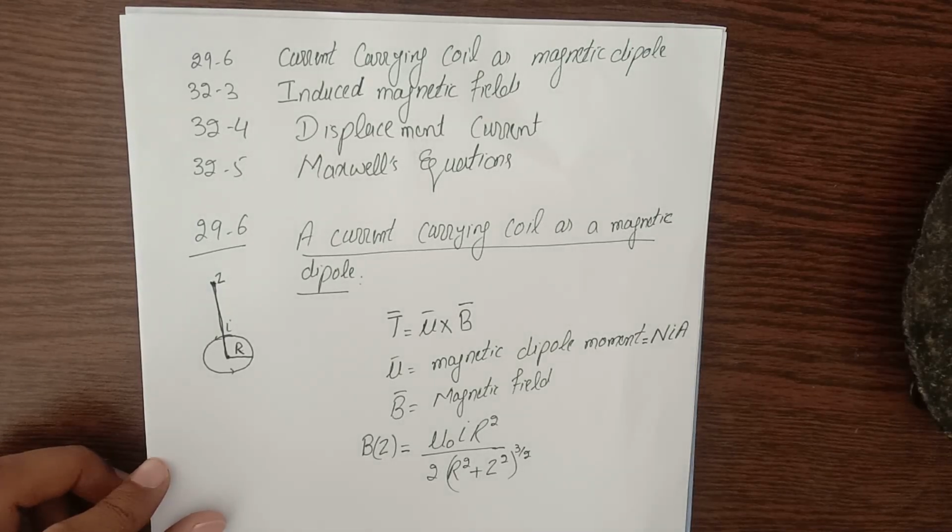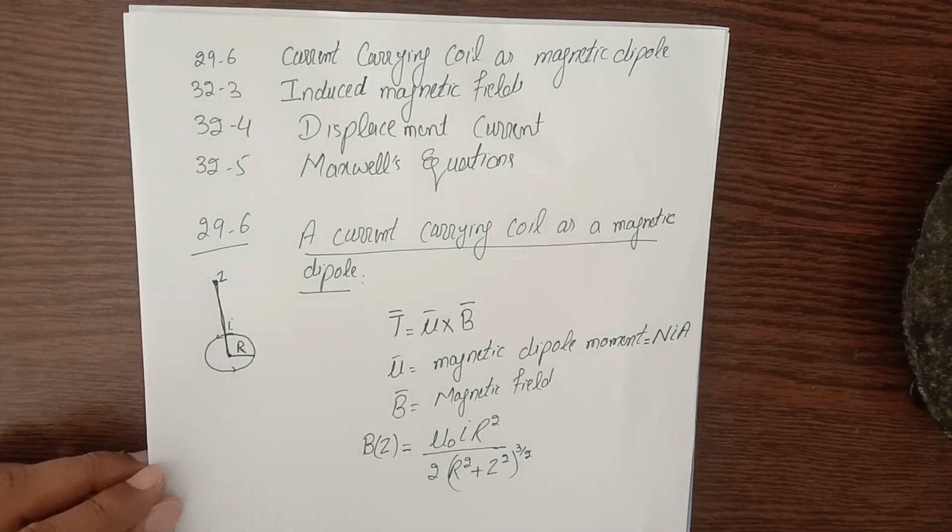So this result gives me the magnetic field due to this coil.